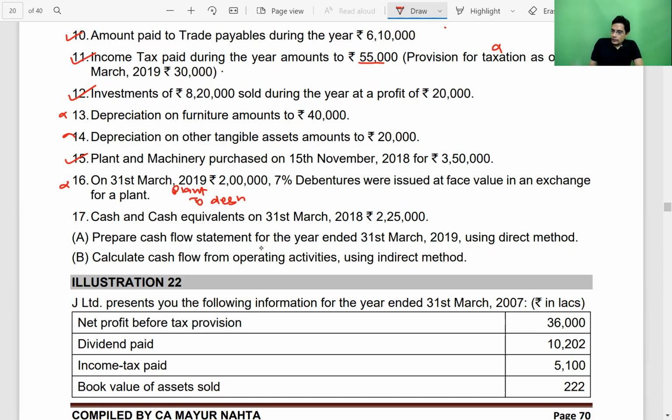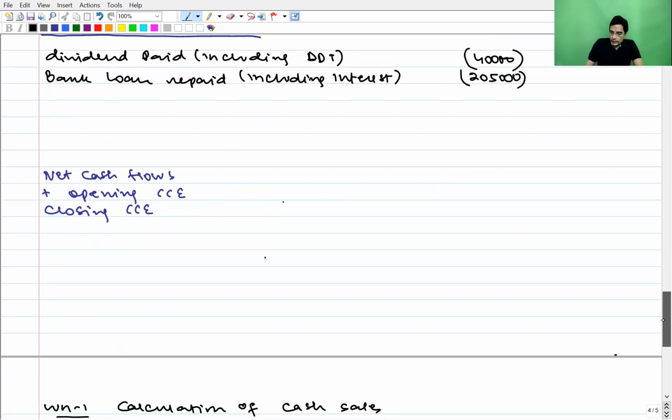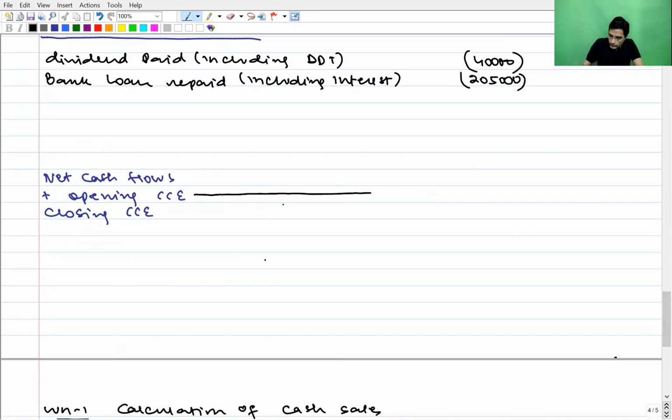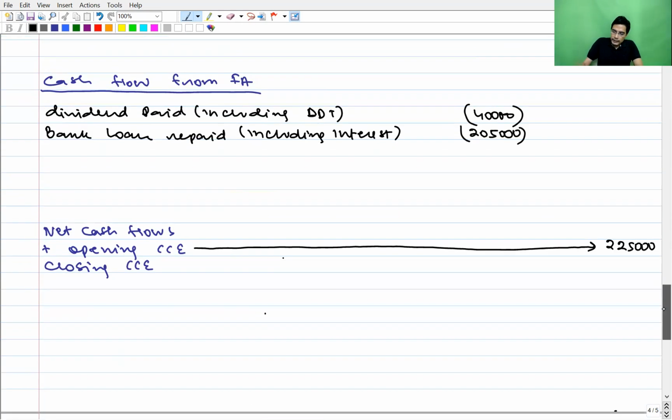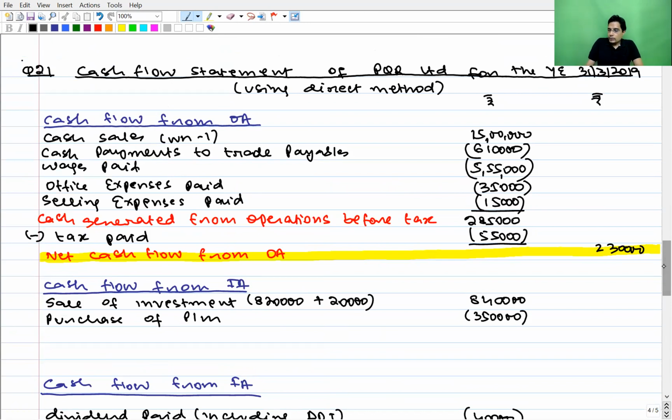And then they have given us the opening CCE. That's the opening CCE information, 2,25,000. That's it. Time to do the backup. 8,40,000 minus 3,50,000 will come to 4,90,000.